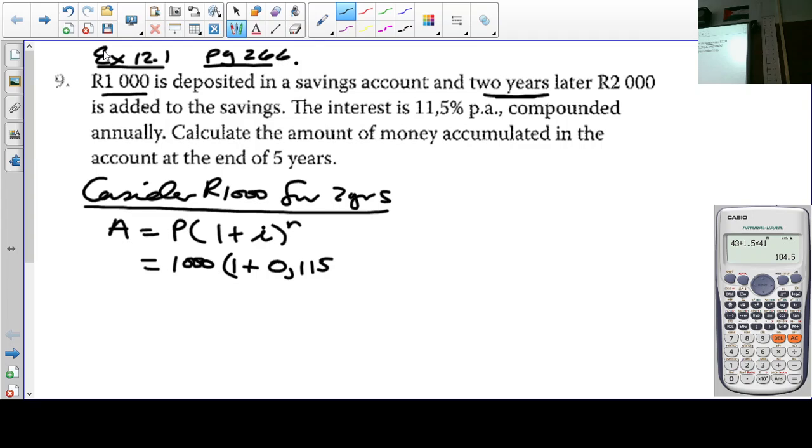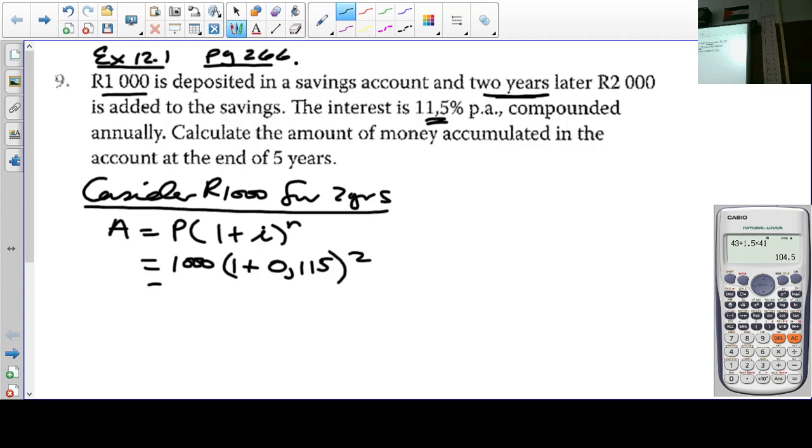Because that is a fairly simple calculation to do in your head anyway. So instead of punching it in the calculator as 11.5 over 100 all the time, we just simply say 0,115. Okay? For how many years is this, people?